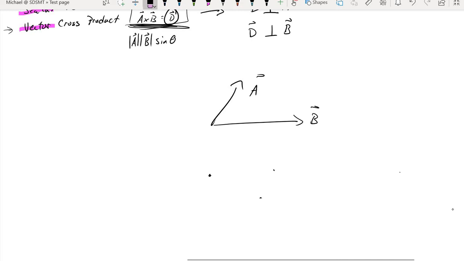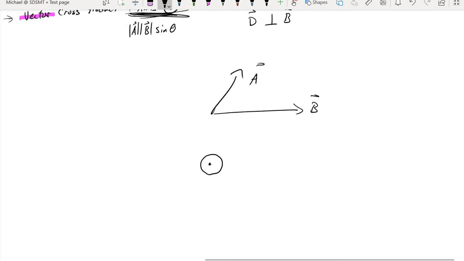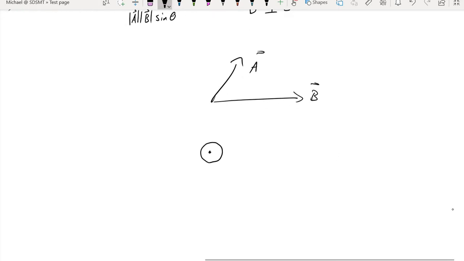Well, I have to bring a little bit of attention to that mark, and so I'll draw a circle around it. And a circle with a dot in the middle indicates a vector out of the page or out of the board. What if you fired the arrow into the page?